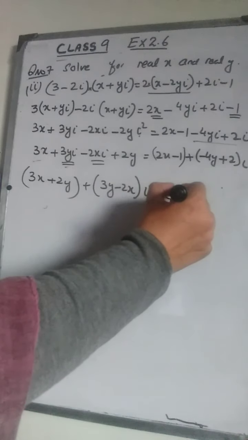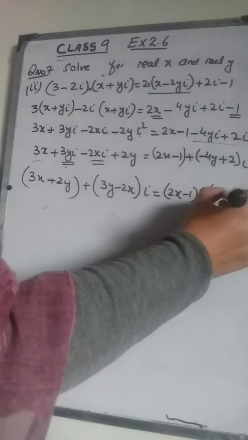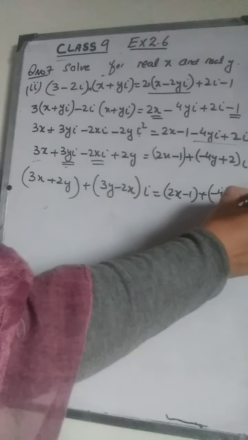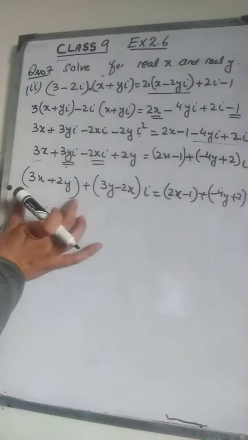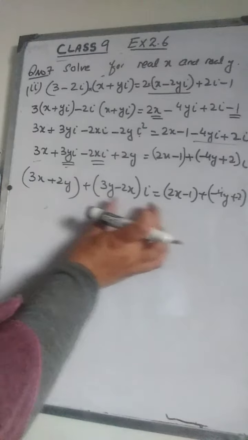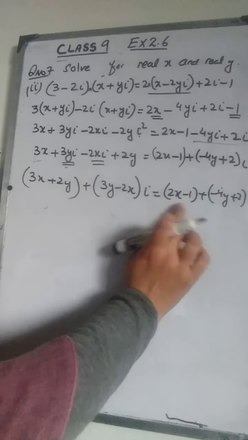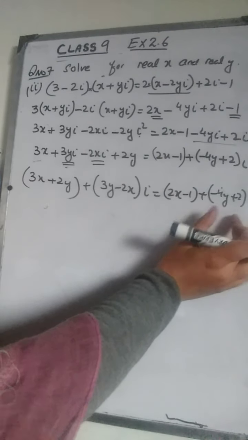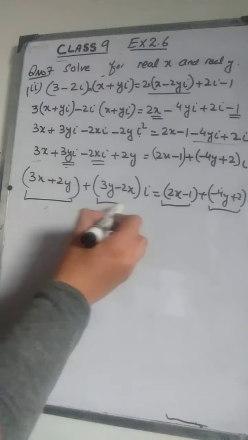Now again we came to the same point as we did in question part 1: (4y plus 2) into iota. Now this is a complex number. Its real part is this one, the one without iota. This is the imaginary part of this complex number. Here also we have a complex number whose real part is this, the one without iota, and the imaginary part is this. So this is the real part, imaginary part, real part, imaginary part.